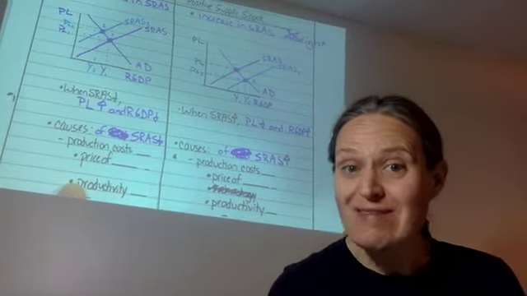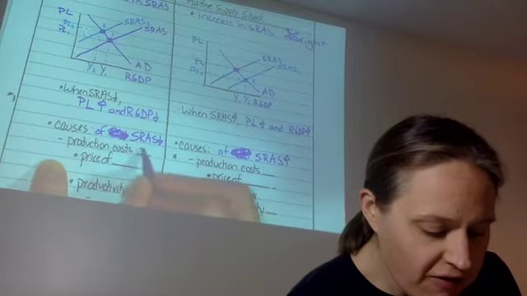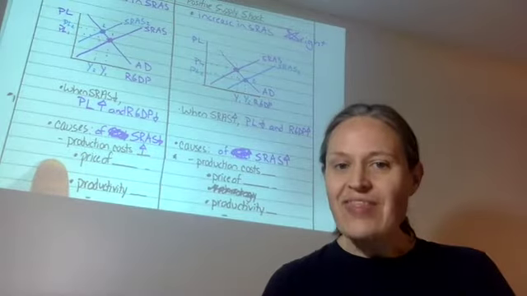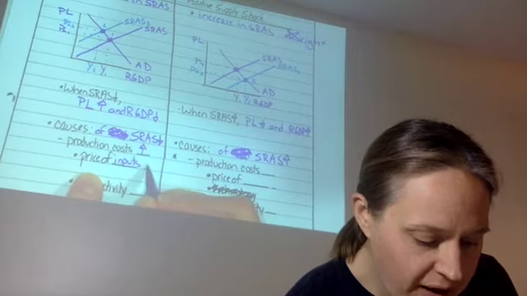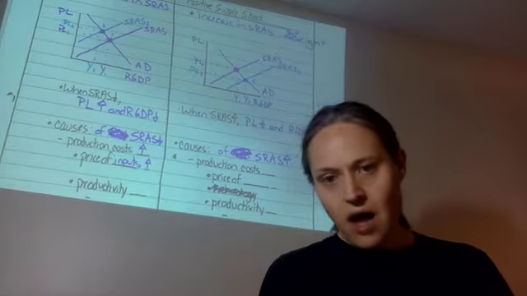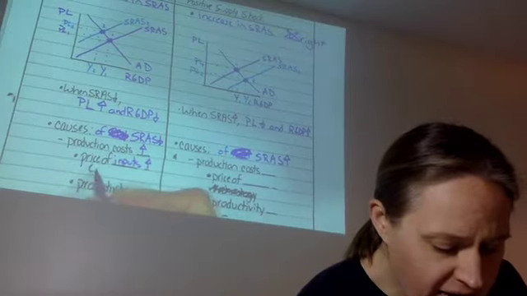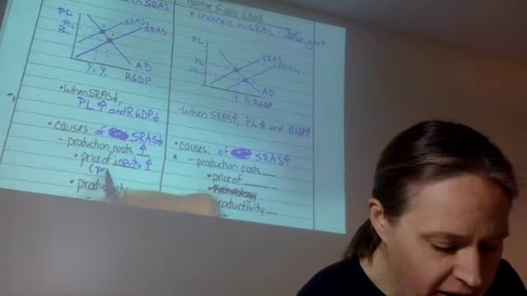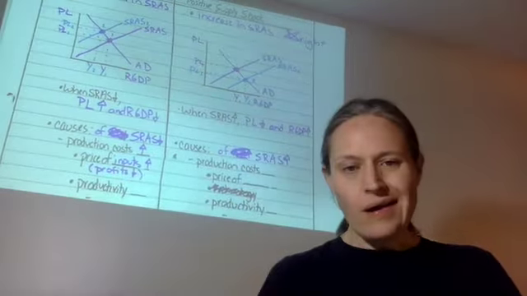I apologize. Okay, so if the production costs go up, that means that the price of the inputs for that company goes up. That decreases short run aggregate supply because it means that profits go down. All right.